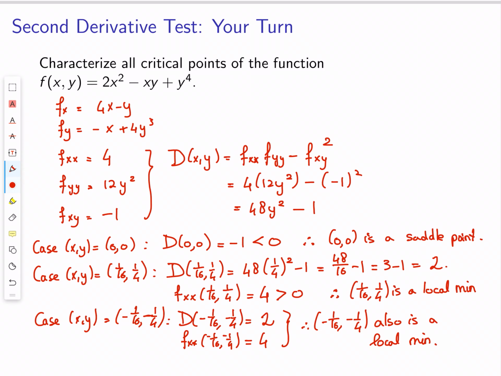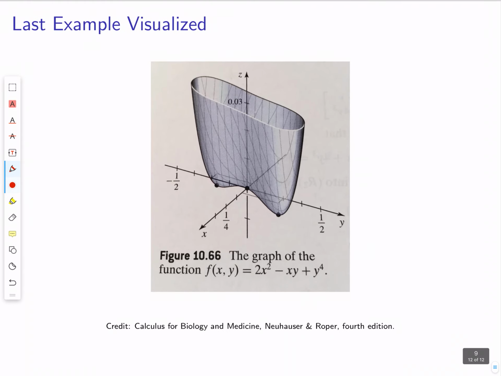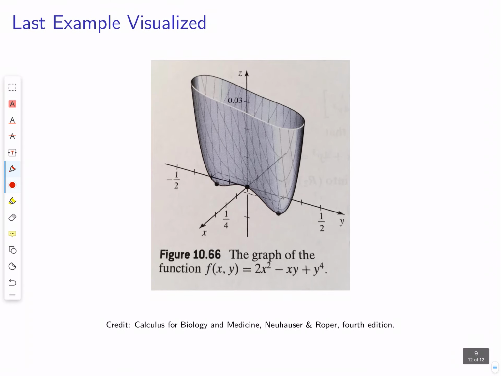Okay. And then on the last page, I have visualized this particular function, and there's a local min over here, and a local min over there. And at the point (0, 0), we have a saddle point.